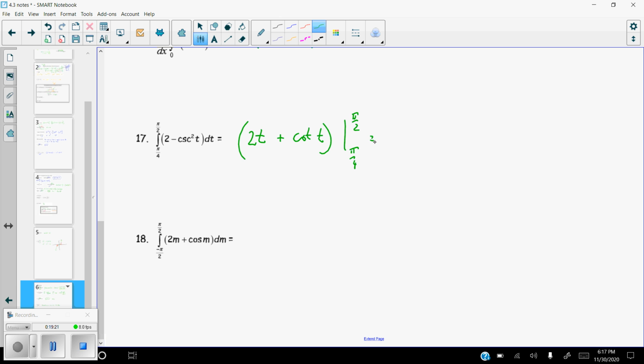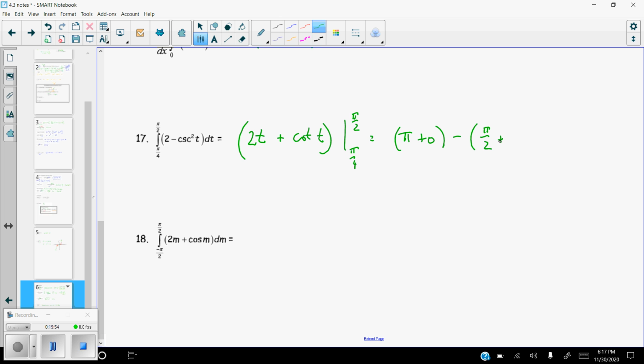So first of all, plugging in pi halves. 2 times pi halves is just pi. And then cotangent of pi halves. Remember that cotangent is cosine over sine. Cosine of pi halves is 0. Sine of pi halves is 1. So 0 over 1 is 0. Minus 2 times pi fourths is going to be 2 pi fourths, or pi halves, plus cotangent of pi fourths.